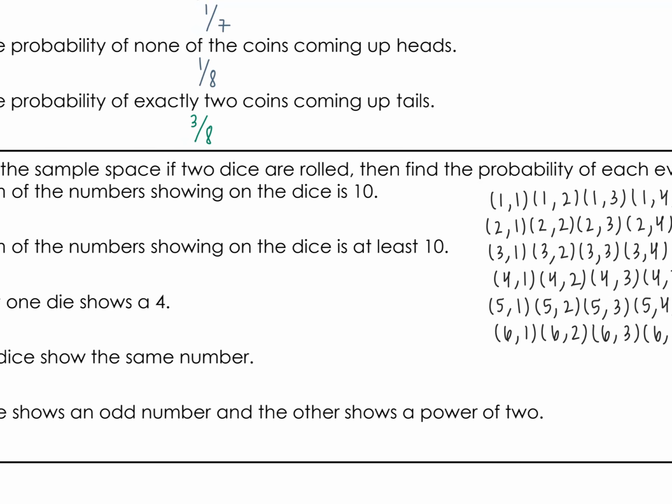But I would be using here the 4, 6. We got 5 and 5, and then 6 and 4. So therefore, I would have 3 as my success, what I wanted. And then I would have 36 as my total if you count them out. And this is going to reduce to 1/12.